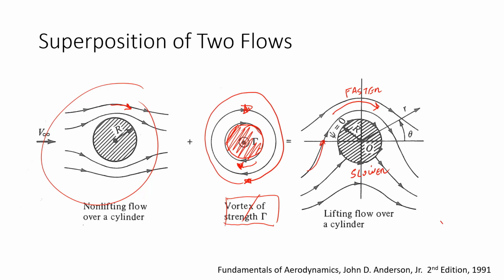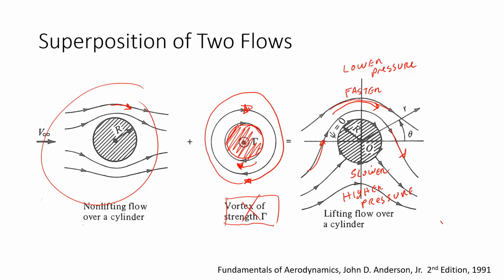The flow behind the cylinder is deflected downwards, and we get that sort of flow pattern. If we slightly abuse Bernoulli's principle, we can say that the faster flow over the top must lead to a lower pressure, and the slower flow underneath must result in a higher pressure. And that net difference in pressure is, of course, lift, right? Low pressure on top, high pressure on the bottom, a net upwards force. This is more commonly referred to as the Magnus effect.